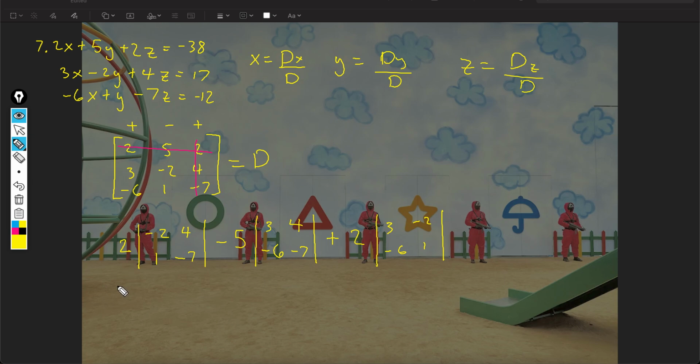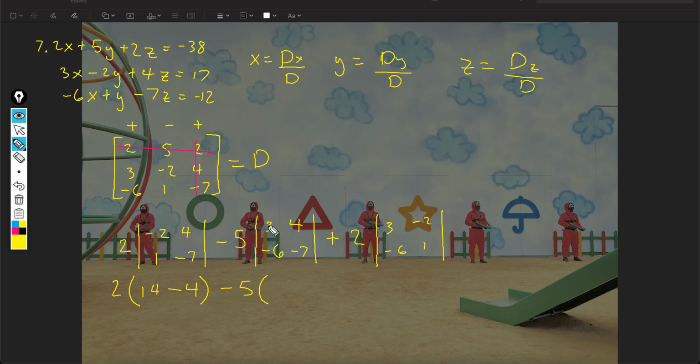So I'm going to do it step by step, guys. So we're going to have a 2. I'm going to do an open parenthesis. 2, negative 2 times negative 7 gives us positive 14 minus, because that's part of the formula, not because of that. This is just part of the formula. 4 times 1, 4. Close that bracket. Next, we got negative 5. So I'm not touching these guys right now. I'm touching what's inside the matrices.